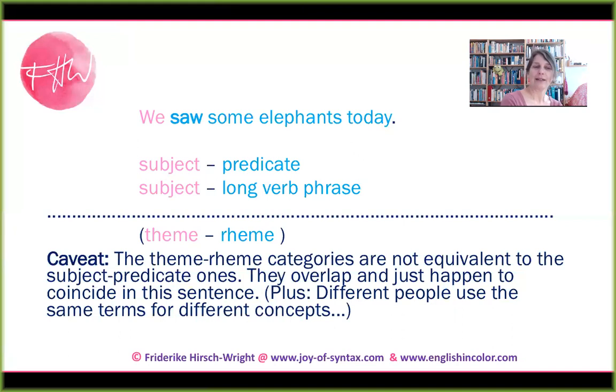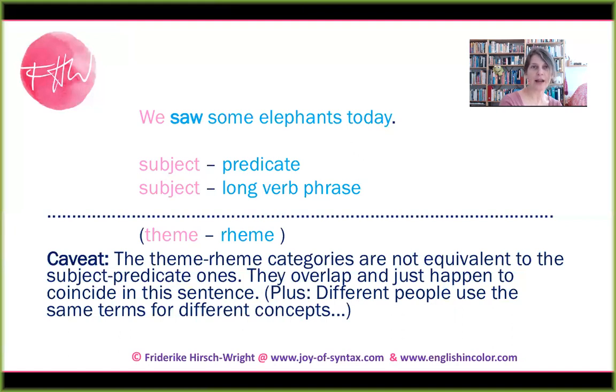Okay, now many people say predicate, but Longman says long verb phrase. So a normal verb phrase is the finite verb form, or the phrase that is fulfilling the function of the finite verb form in the clause. And the long verb phrase is what Longman means when they discuss the predicate.